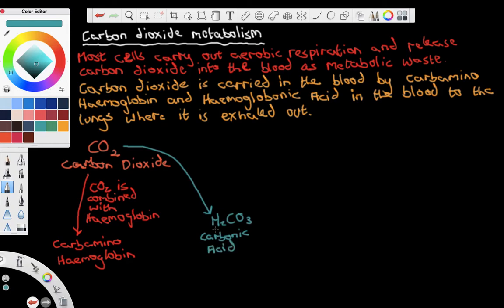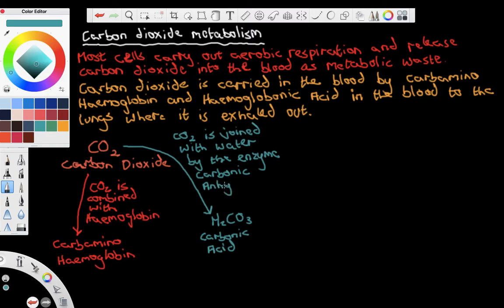Now, in order to become carbonic acid, the CO2 is joined with water by the enzyme carbonic anhydrase.